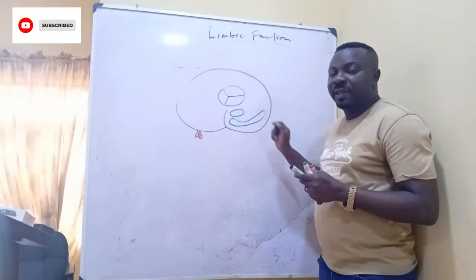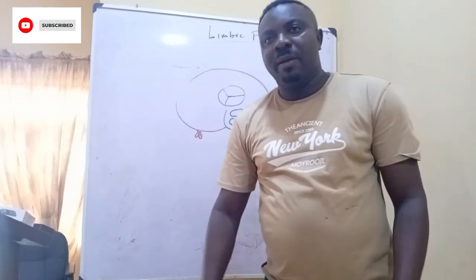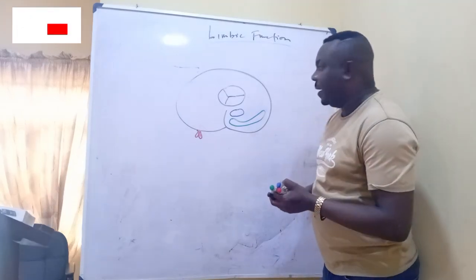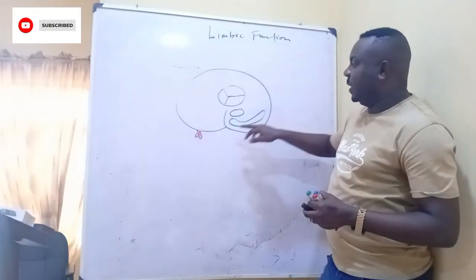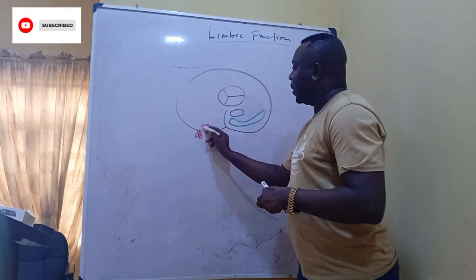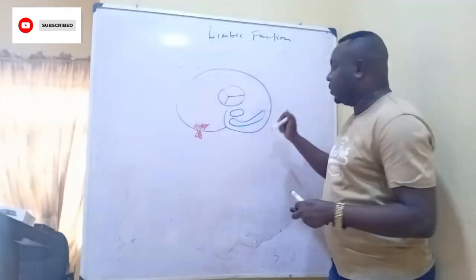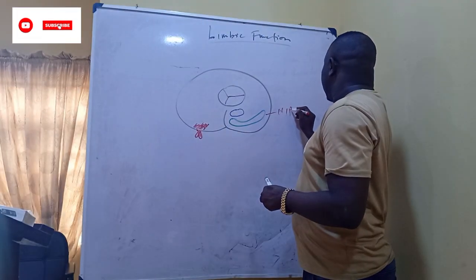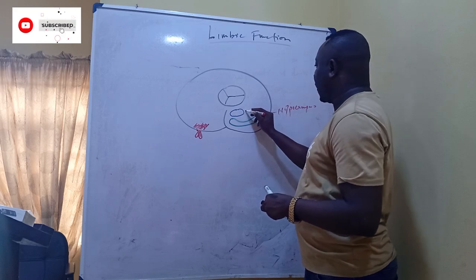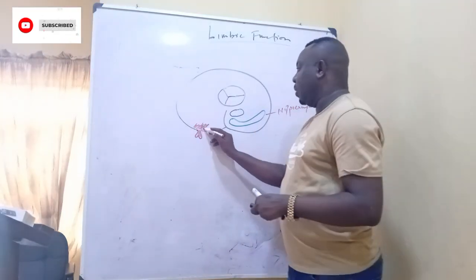This is the hippocampus. Now, this is hypothalamus. This area is where we have the hypothalamus, right? This is hippocampus. This is amygdala, right? This is the mammillary body.